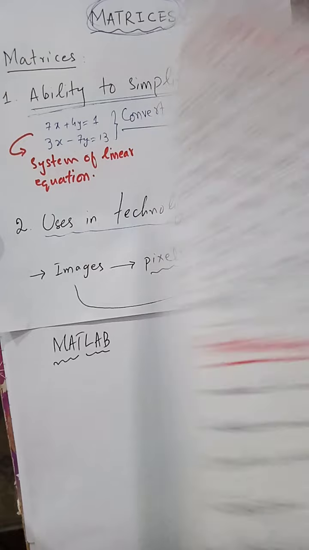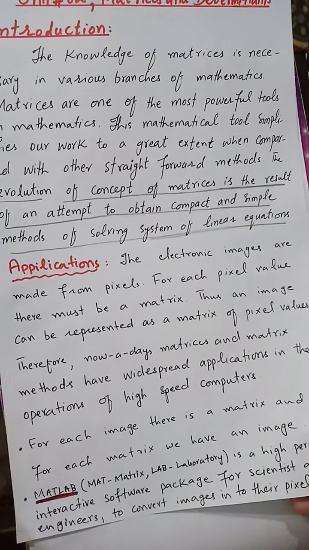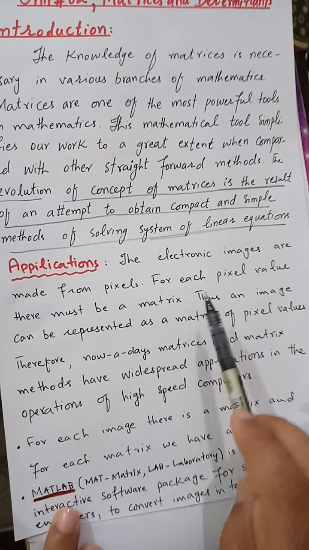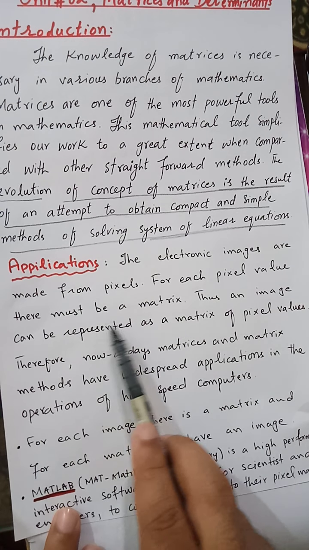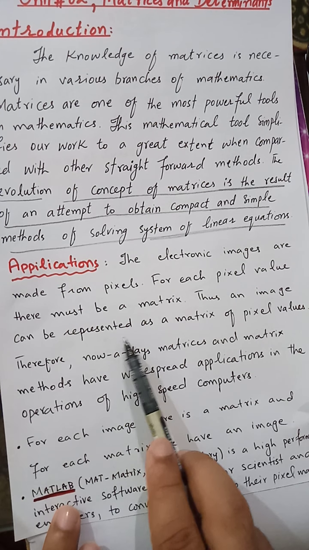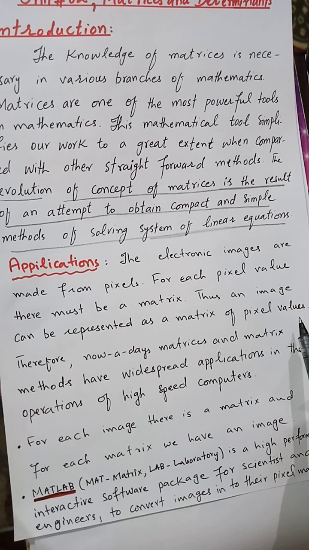So you see, the electronic images are made from pixels. For each pixel value there must be a matrix. Thus an image can be represented as a matrix of pixel values. That means behind every image we have some matrices.